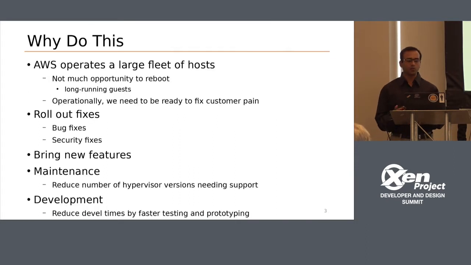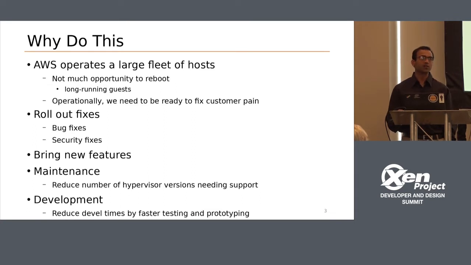But first, let me tell you why we would like to have this feature. AWS operates a large fleet of hosts, and we may not get enough opportunities to reboot hosts in the fleet. This could be because of long-running guests or other reasons.